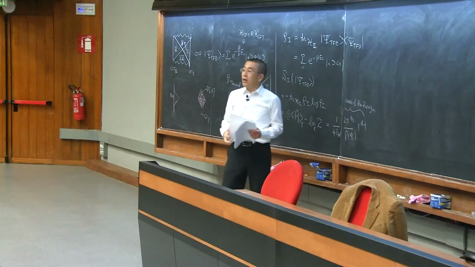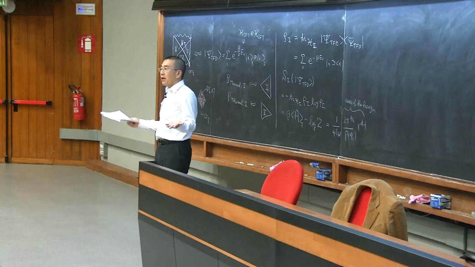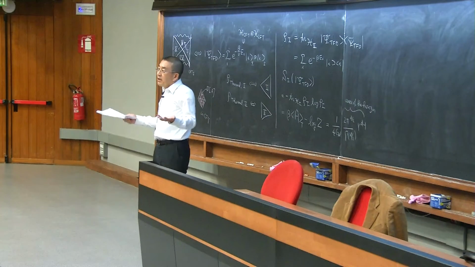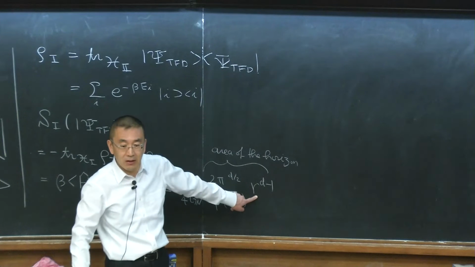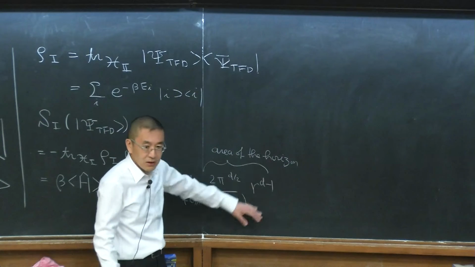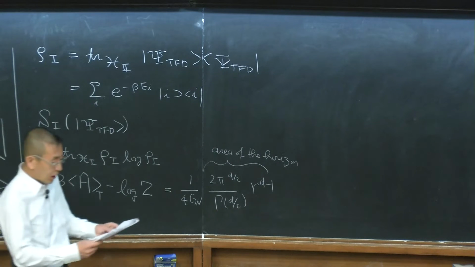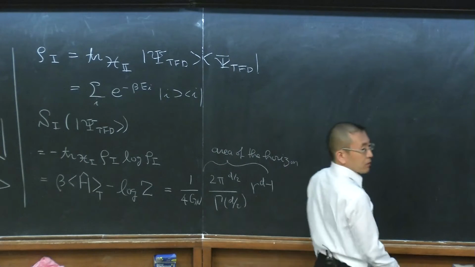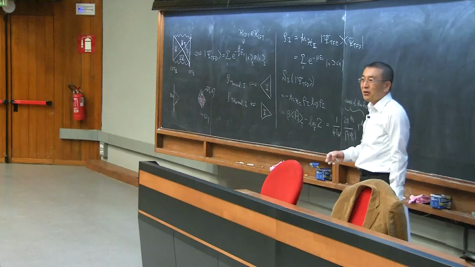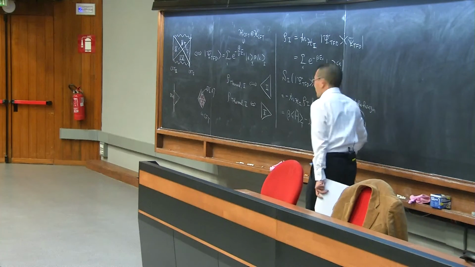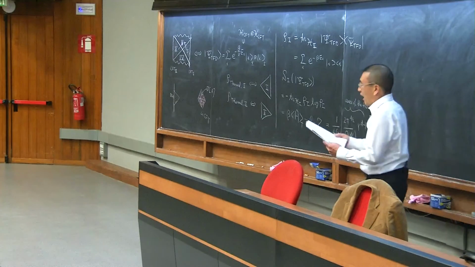For the black hole in d+1 dimensional space-time, the horizon is d-1 dimensional. If the horizon has radius r, then this is the area divided by 4 G Newton, which is reproduced in the large N limit. The Gamma function appears because this is the volume of the unit sphere in d-1 dimensions, right?